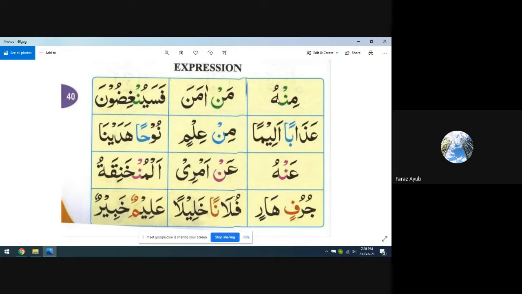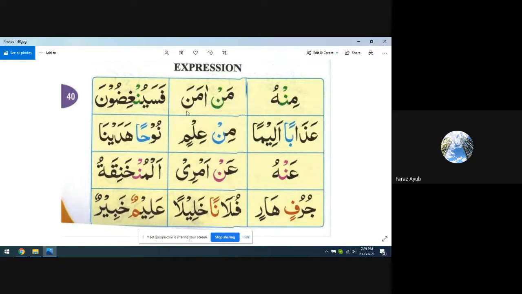Minhu become minhu because of this ha. So noon has a sukoon sign. This is the gunna letter, and after the gunna letter we have a ha. So minhu become minhu, just like here.